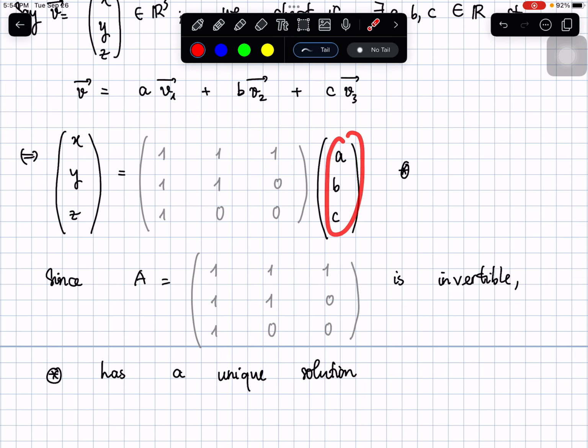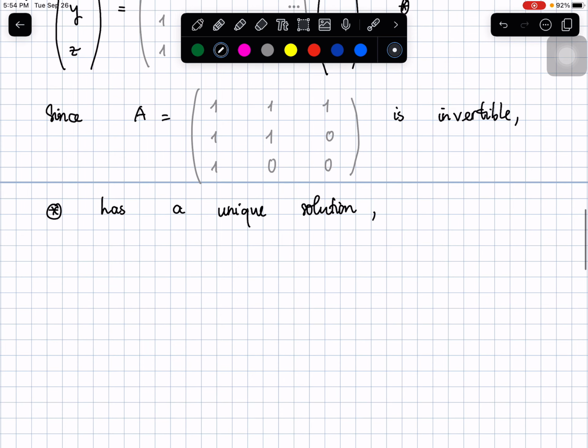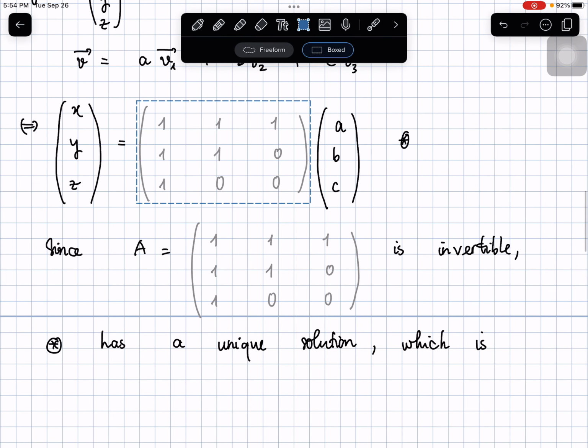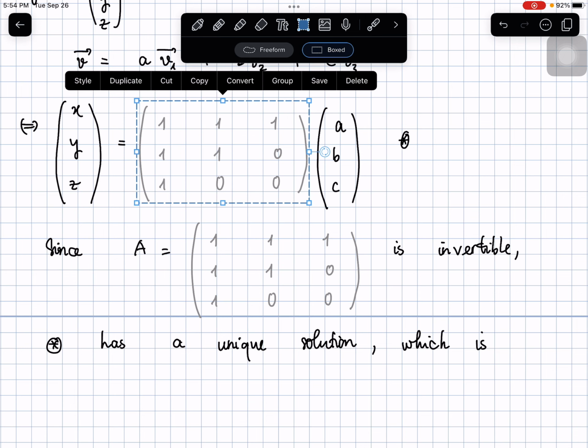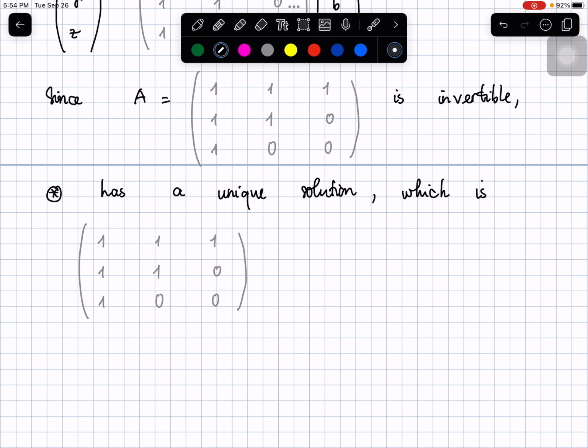So ABC equals the inverse of this matrix times this vector.